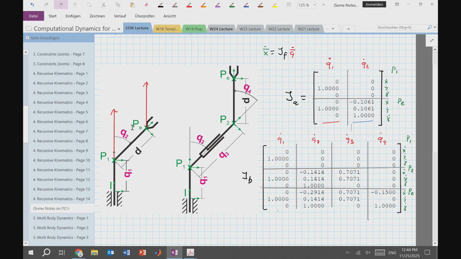Now, going back to example A, if I do a rotation about joint Q2, in which direction is this point PE moving? Left side up in this direction, and I'll make a note in a second that I don't know how long this arrow should be.